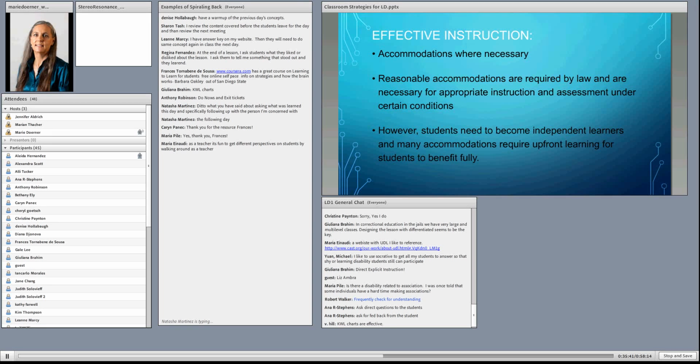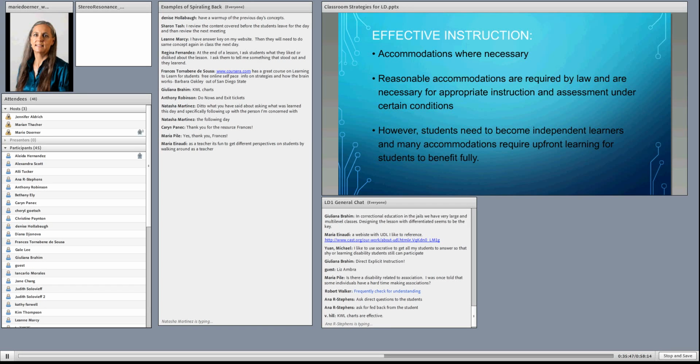They can't fundamentally change the course. But on the upside, students need to become independent learners, and many accommodations require upfront learning. So we have to really balance those things out. And you can work with your counselors, or the students can work on that to get their accommodations.